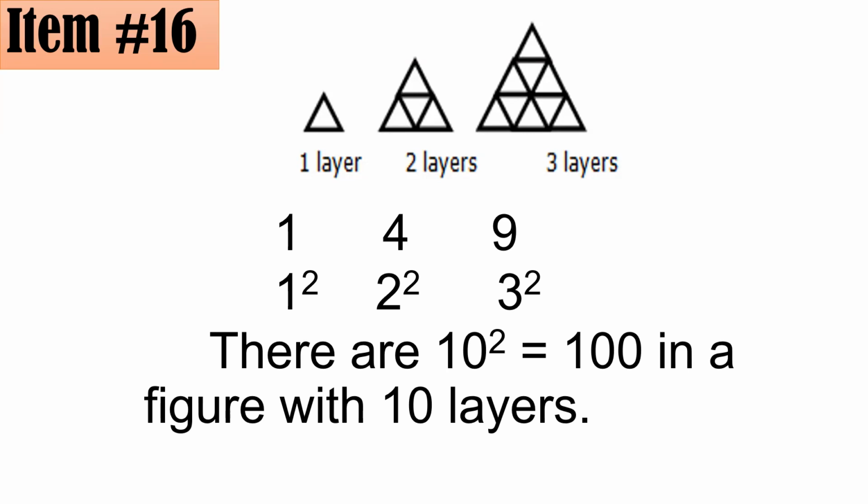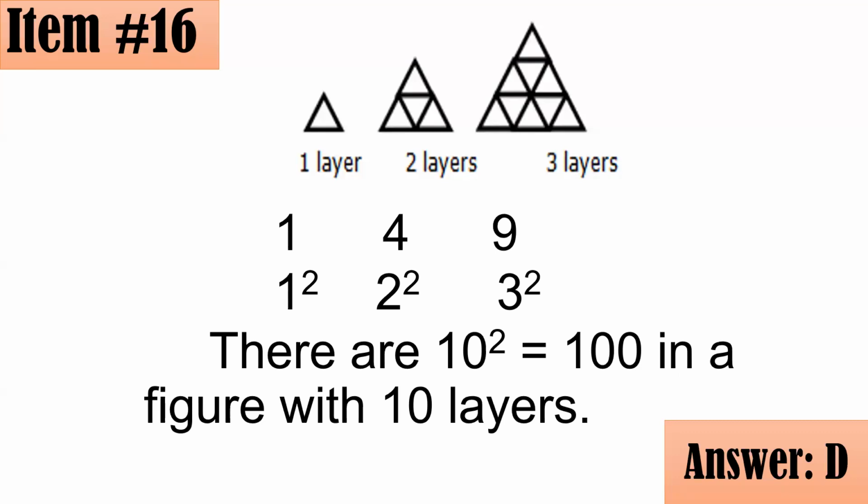That's why if a triangle has 10 layers, let us expect 10 squared or 10 times 10 or 100 unit triangles. Letter D. If you answered D, you got it right. Congratulations.